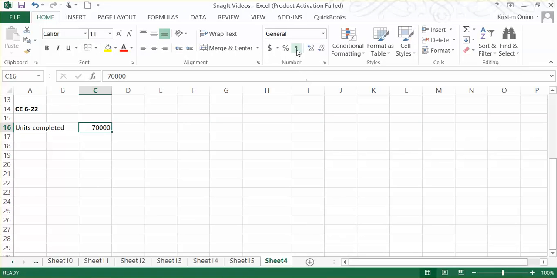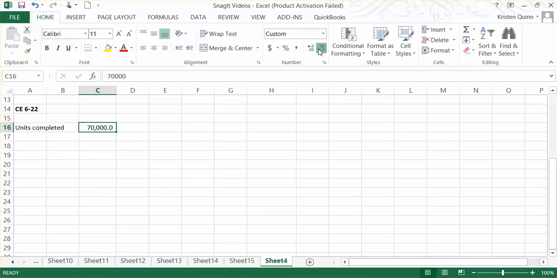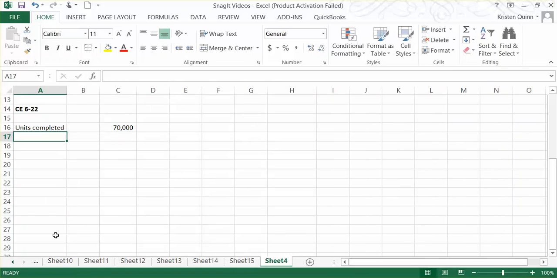Again, 1 completed unit equals 1 equivalent unit. They also told us that we had ending work in process units. They told us that we had 10,500 units in ending work in process that we were able to complete 40%.